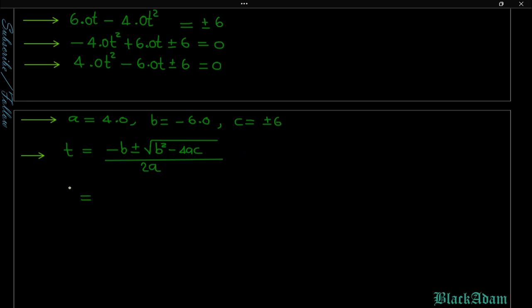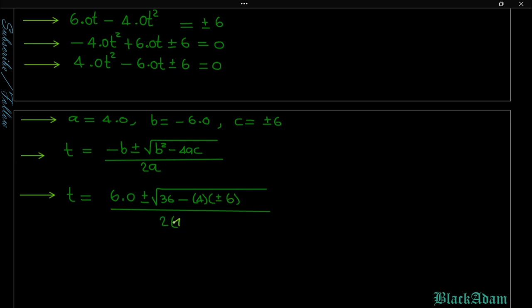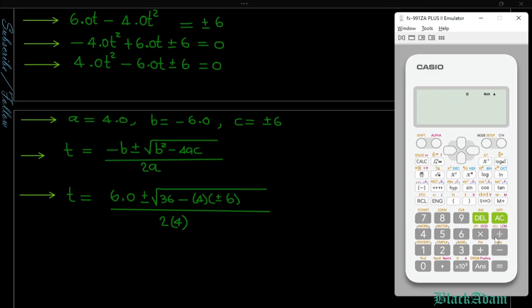Negative b is going to be 6, since our b is negative 6, plus or minus the square root of negative 6 squared, that's 36, then minus 4, our a is positive 4. I think we're missing a 4 there.